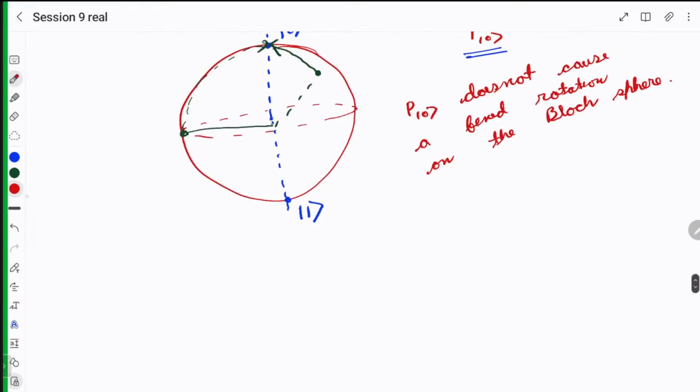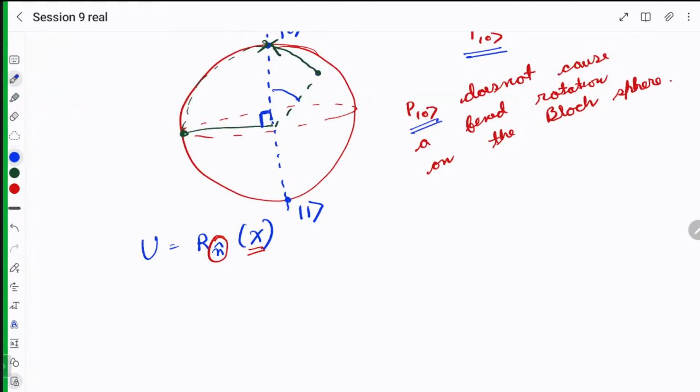Remember, when we had unitary operations on the qubit, they caused rotations on the Bloch sphere about some fixed axis by some fixed angle. But here, it is rotating by some angle about some axis, and here by some other angle about some other axis.